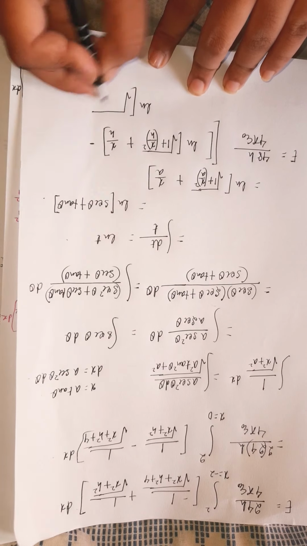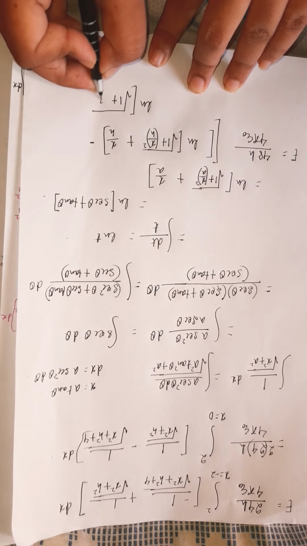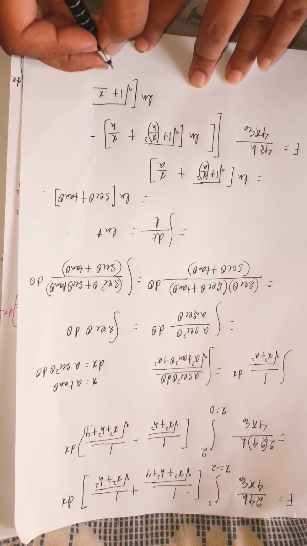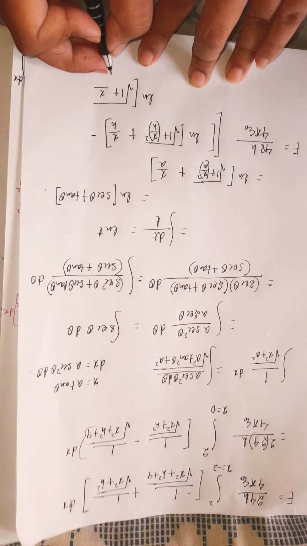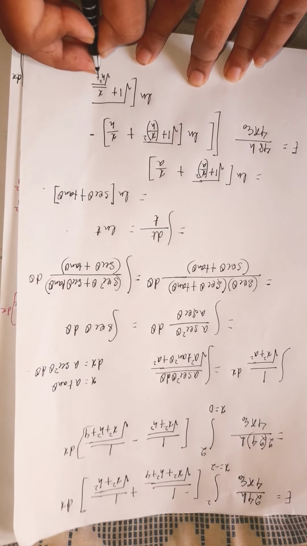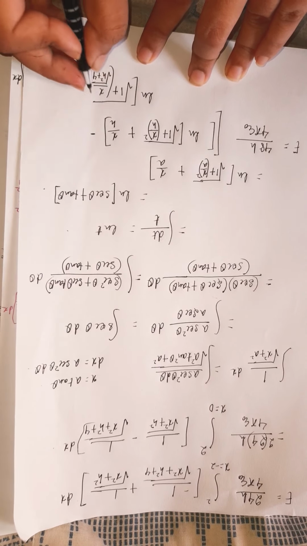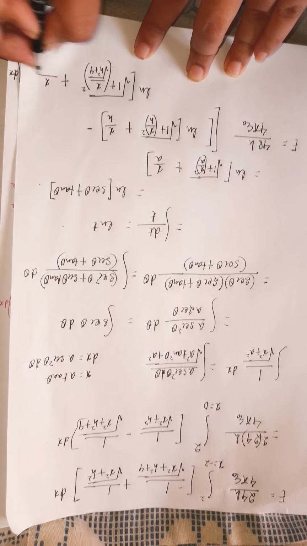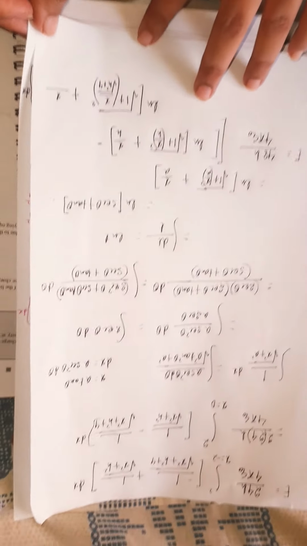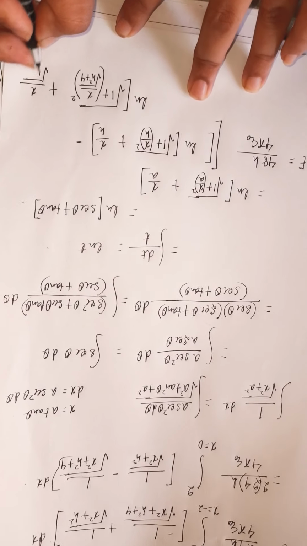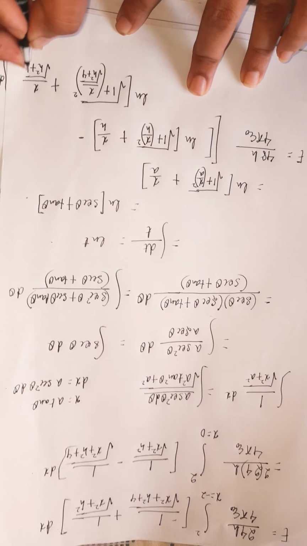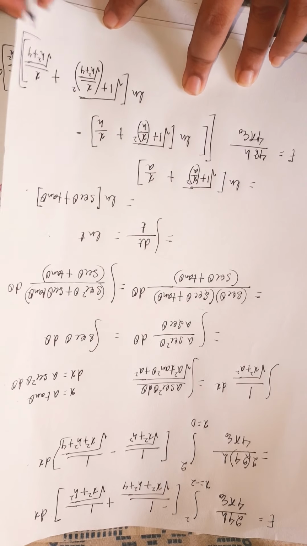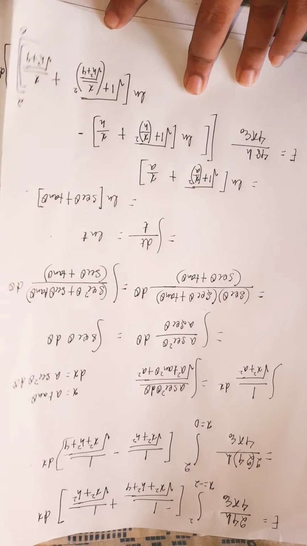So keep that in mind. Then 1 plus x by a, and since a square is h square plus 4, a will be root over of h square plus 4, this whole square, plus x divided by that. Okay, then I have to integrate this from 0 to 2.